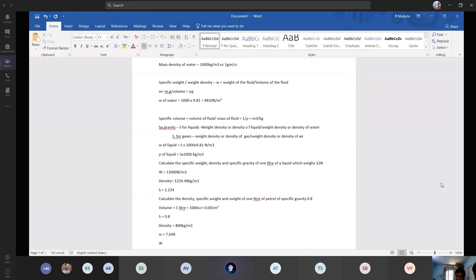What is the unit? Kg. Weight or weight density? Which one you are telling? Ma'am, weight. What is the weight density? 7848, ma'am. 7848 Newton per meter cube.